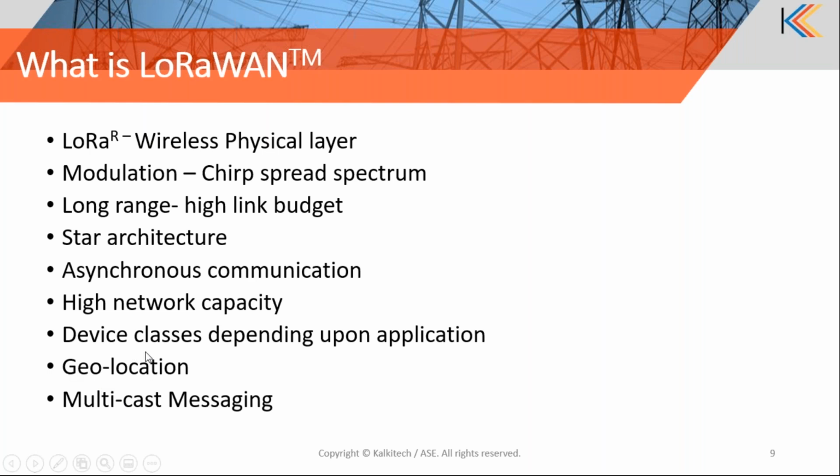And another feature is geolocation. Unlike other cellular technologies, LoRa uses time differential of arrival and other hybrid techniques to determine the location without using extra processing power of the end devices. So it automatically identifies the location of the devices, which helps us in auto registration and auto configuration of the devices.